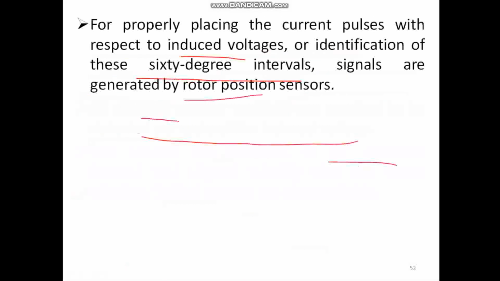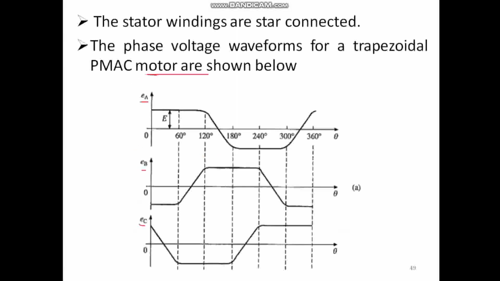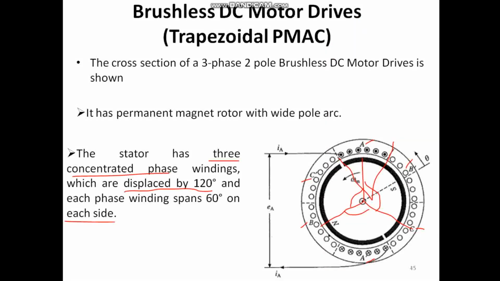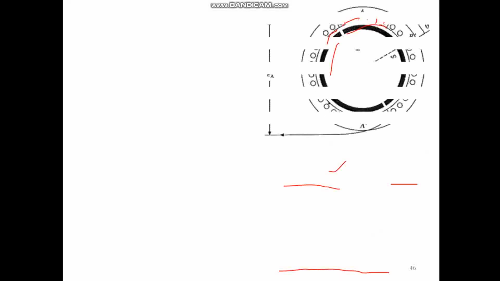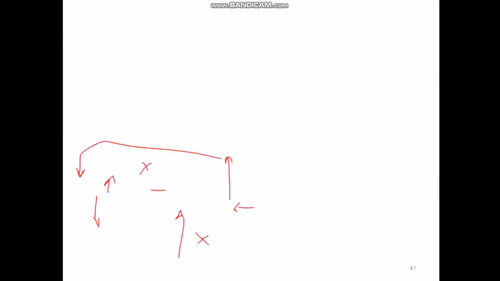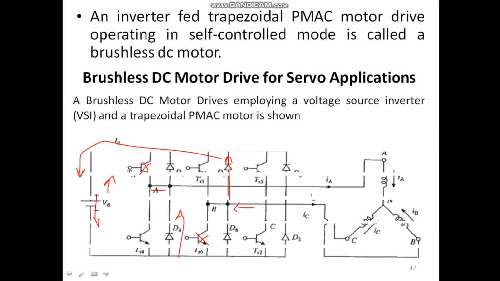So just to summarize what we did today, we started with the design or the structure, how a trapezoidal PMAC looks like. We discussed its working, how exactly the trapezoidal waveforms would be produced, and the circuit diagram for the brushless DC motor drive for servo motor applications.